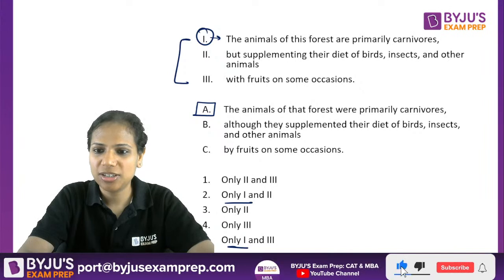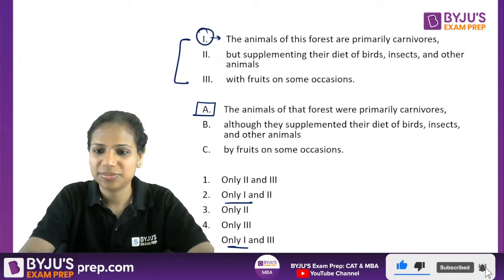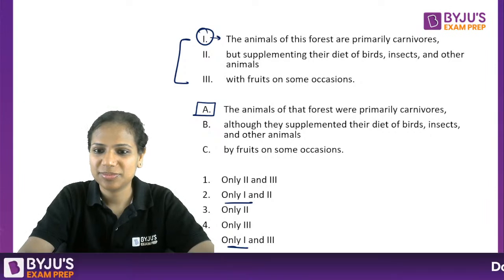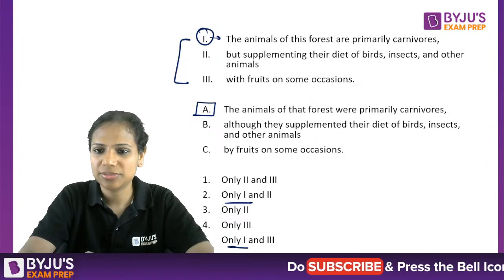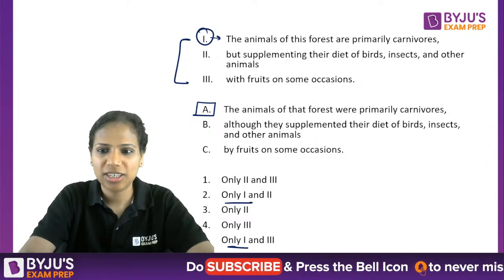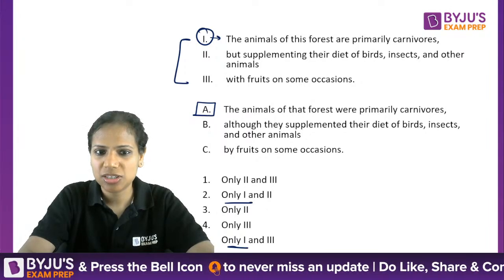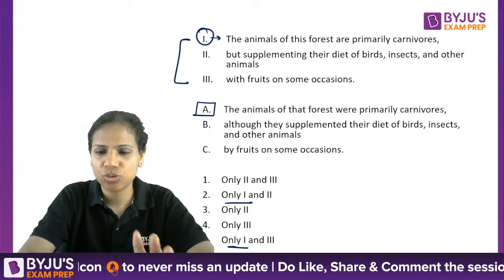Vicky says 1. Saurabh says 3. Anuja 1. Sanil 1. Aditya 3. Sameer says only 2 and 3. Okay, so 1.